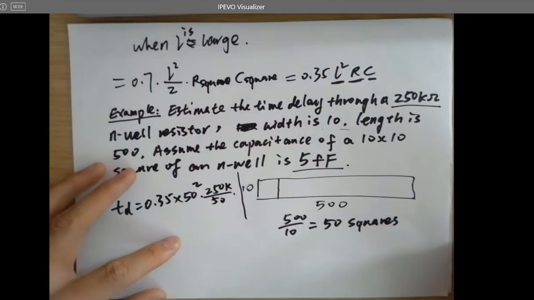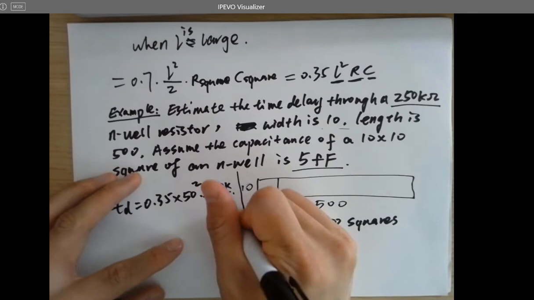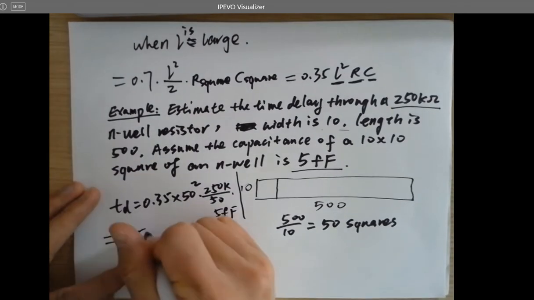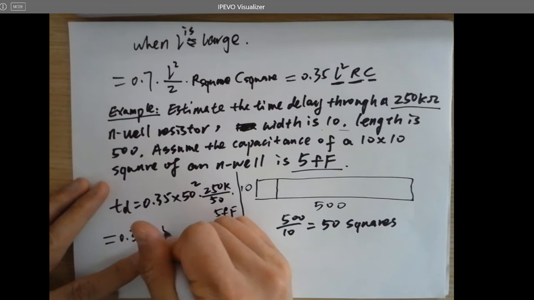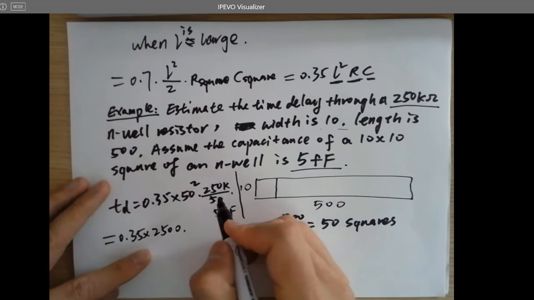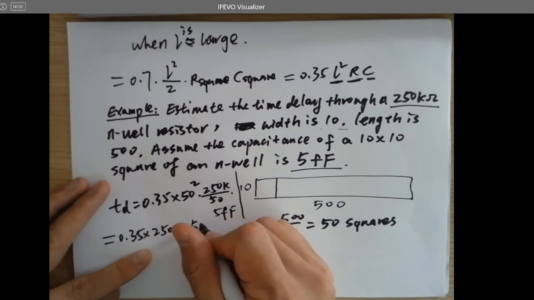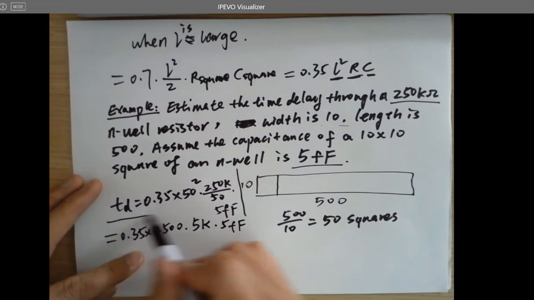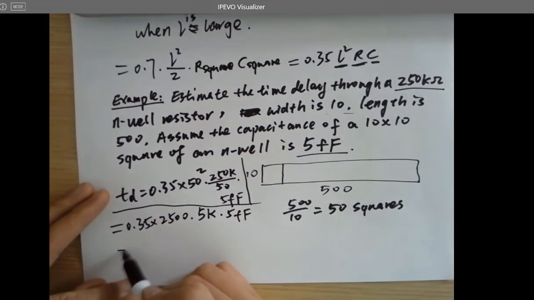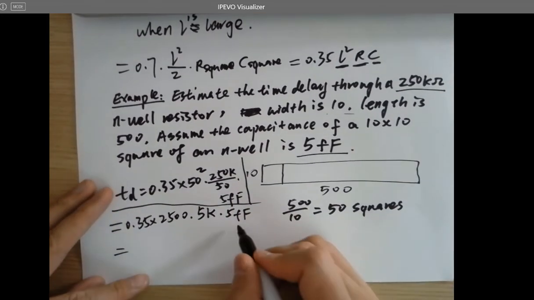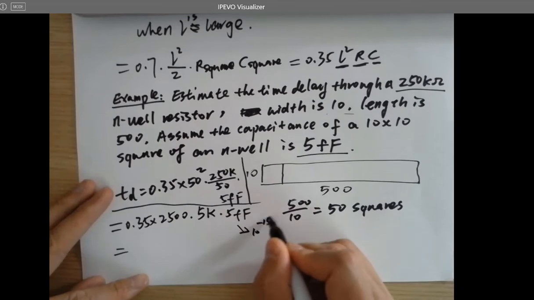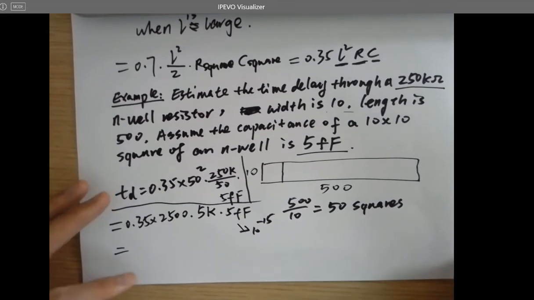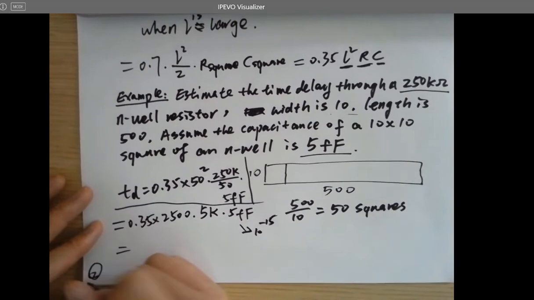What is C square? 5 femtofarad. So this equals 0.35 times 5K times 5 femtofarad, right? This is the calculation, and femto is 10 to the negative 15. It's not hard to do the calculation.